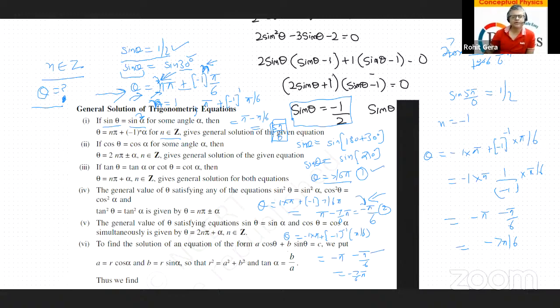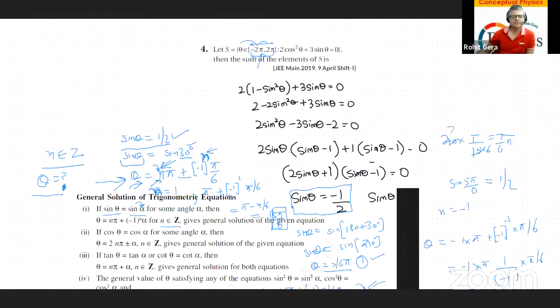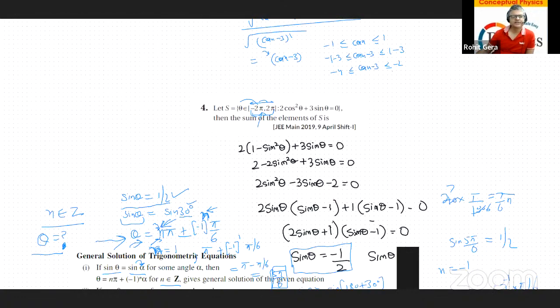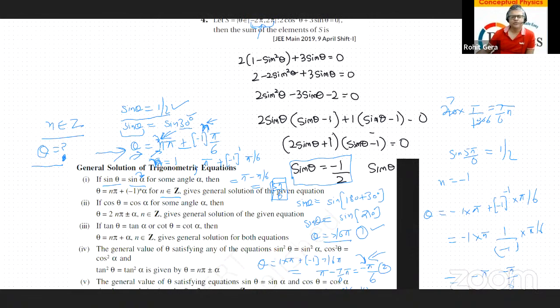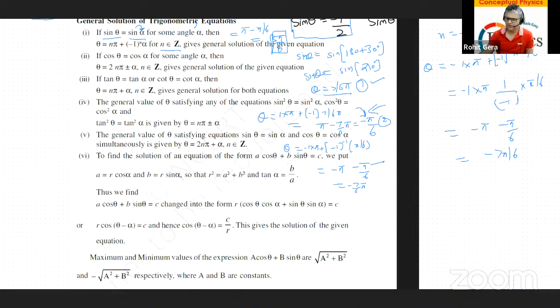बट हमें ध्यान रखना है अपने क्वेश्चन के अंदर theta cannot go beyond 2 pi. -360 से 360 तक ही रहेगा बस, right? तो अभी तो 210 तक पहुंचे हम. If I put n is equal to 2 and I know theta is equal to 7/6 pi, theta is equal to 2 pi, n की वैल्यू 2 डाली है, plus -1 raised to power 2 into 7/6 pi is equal to 2 pi plus 7/6 pi.